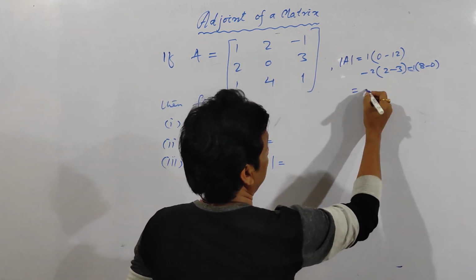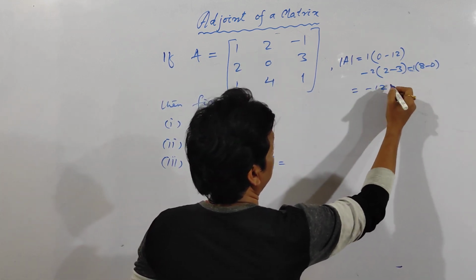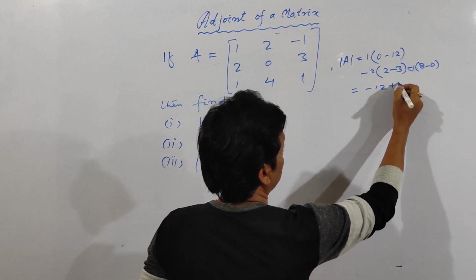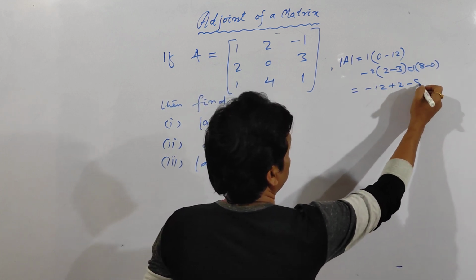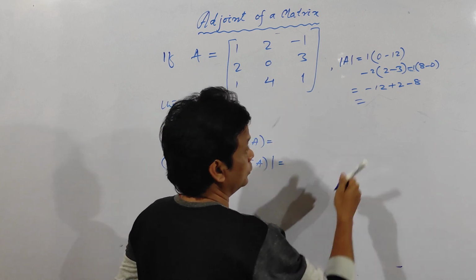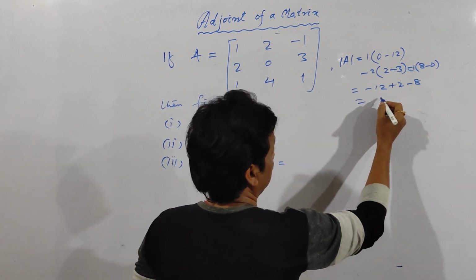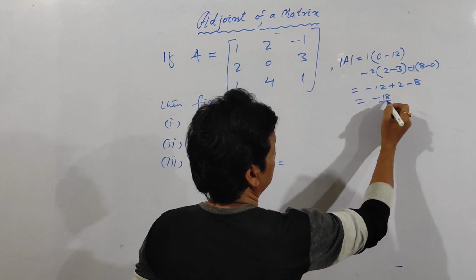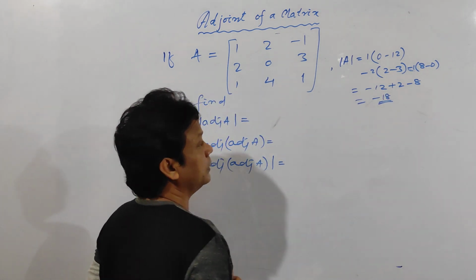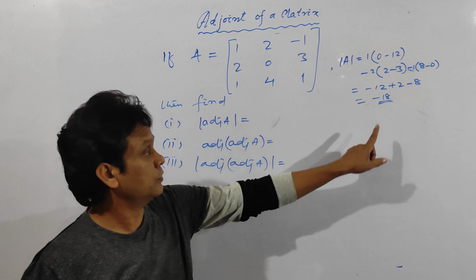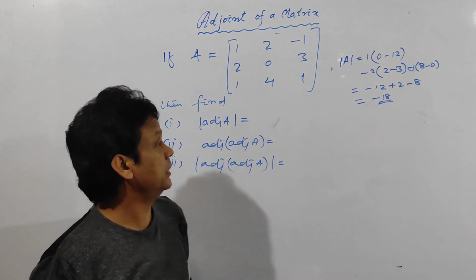So what is the answer? Minus 12, plus 2, and minus 8. So minus 12 minus 8 is minus 20. Then plus 2, minus 18. Clear? So the determinant is minus 18.